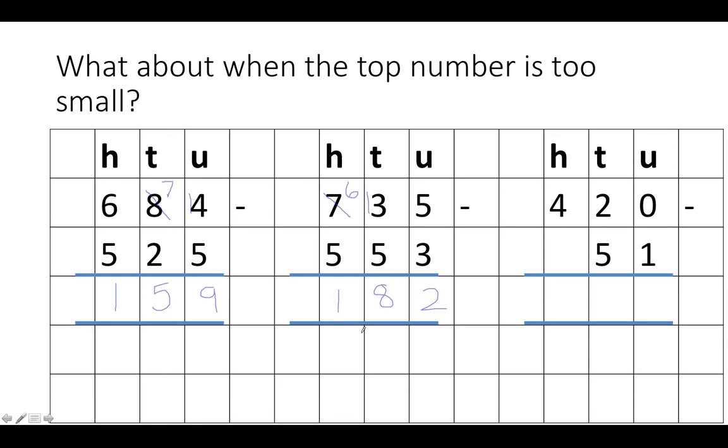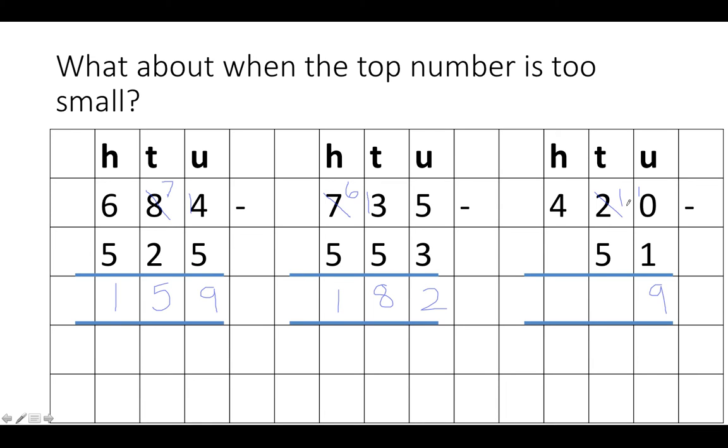Right, so let's have a look at the last one. I've got nothing, take away 1. Nothing is smaller than 1, so I can't take it away. I need to go next door and borrow one off him. And now the 1 I've borrowed always goes in front. 10 take away 1, well that's 9.